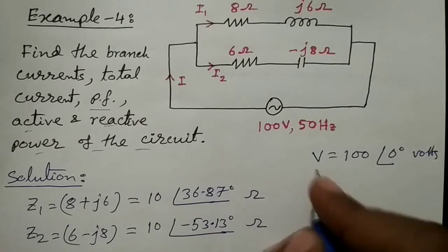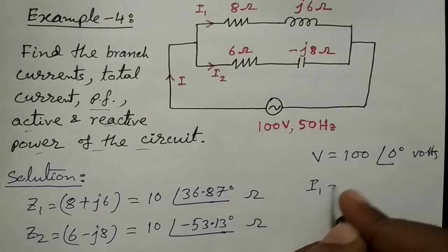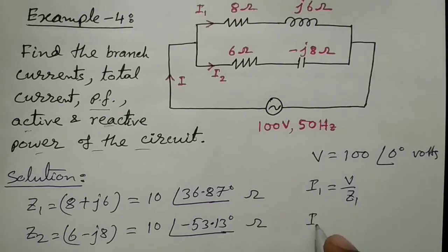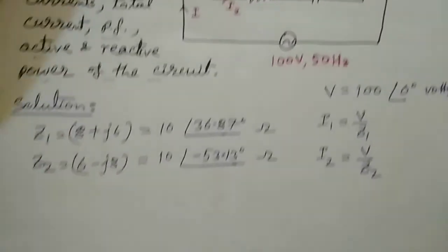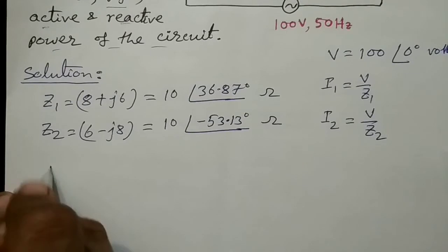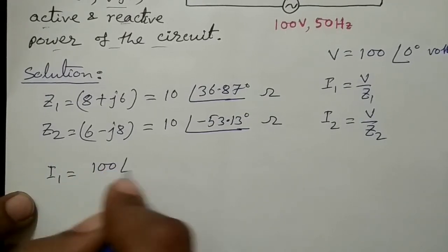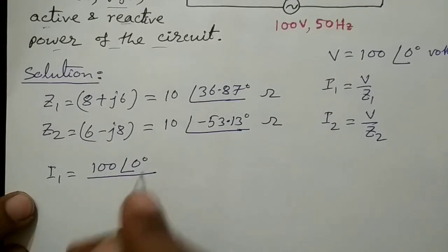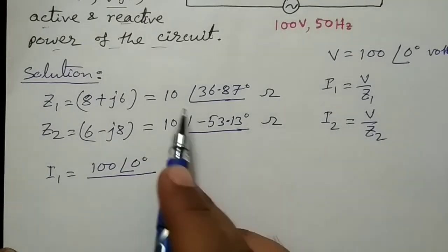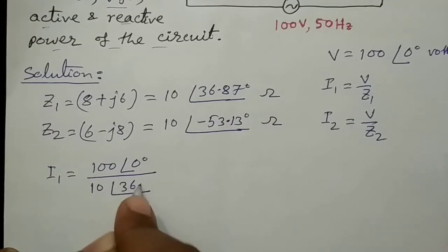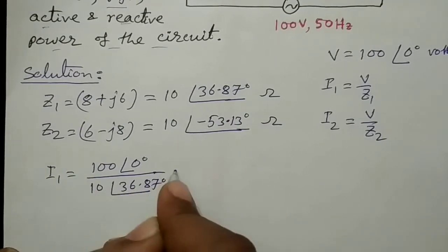So the current in the first branch I1 can be written as V upon Z1, and the current in the second branch I2 can be written as V upon Z2. So the value of I1 is 100 angle 0 degree, this is the value of the voltage, upon Z1, that is 10 angle 36.87 degree.